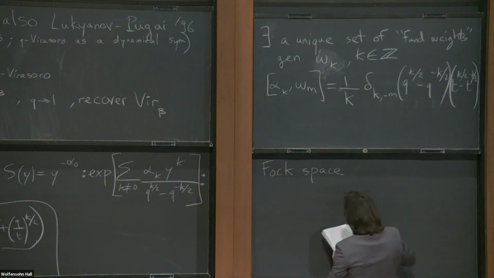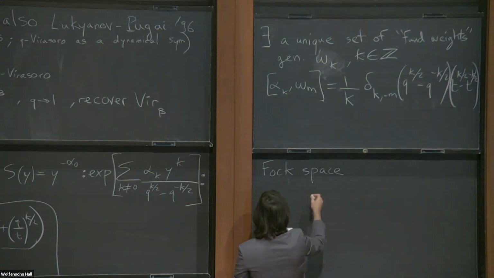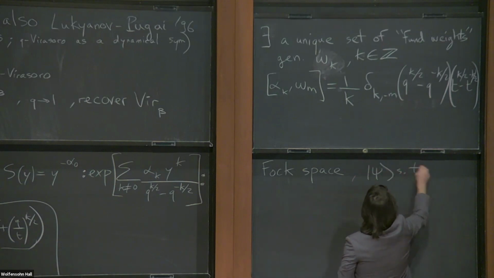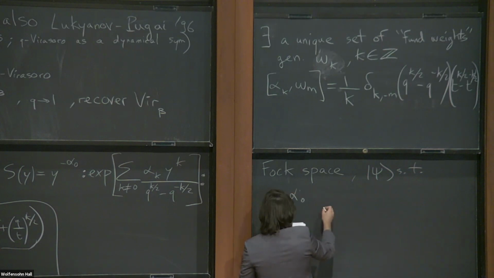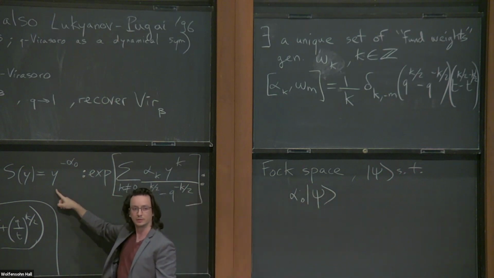Fock space means you give me, for a given weight psi in the Cartan subalgebra of A1, the Fock space representation generated by a vector psi such that alpha 0 acting on psi gives some eigenvalue. This alpha 0 here is the 0 mode I wrote here. I didn't write the conjugate momentum 0 mode.